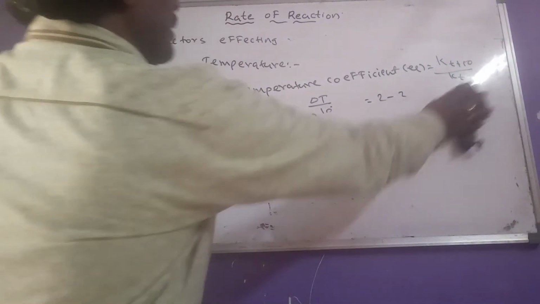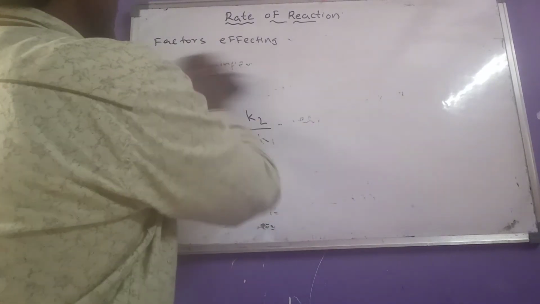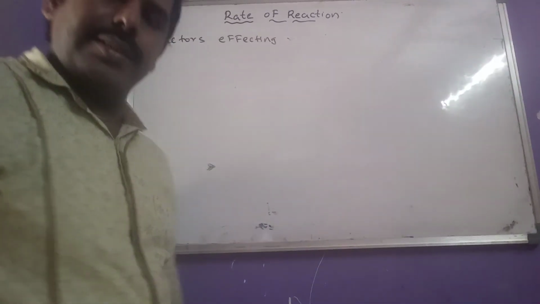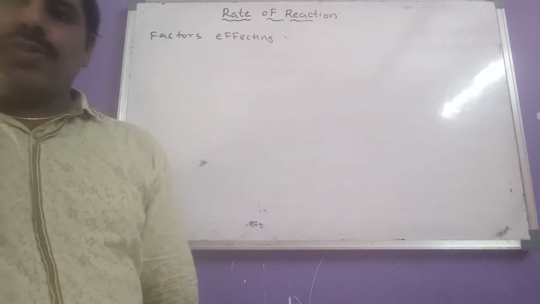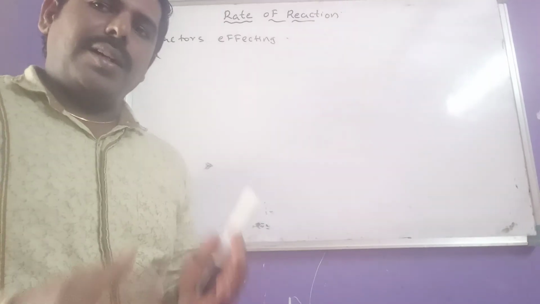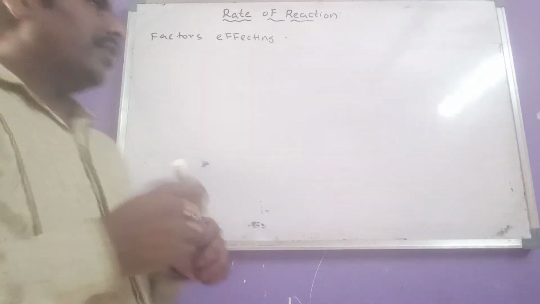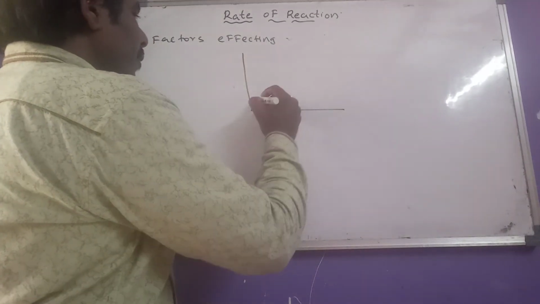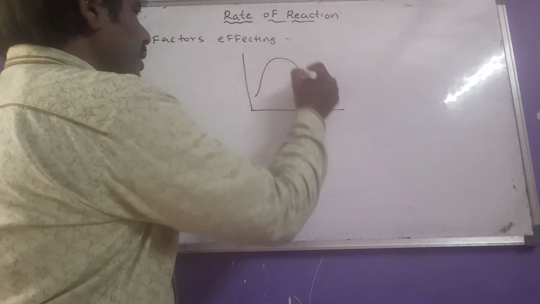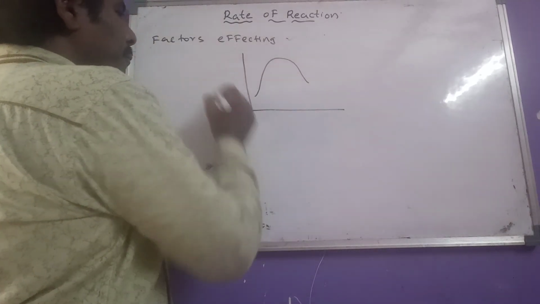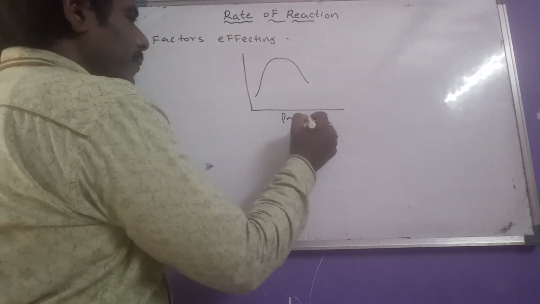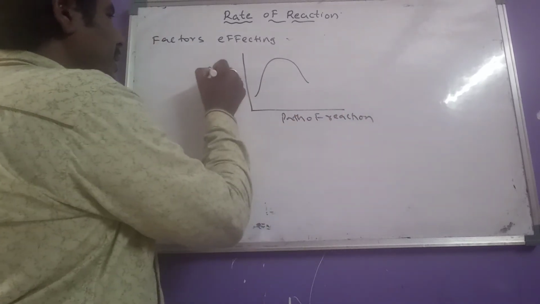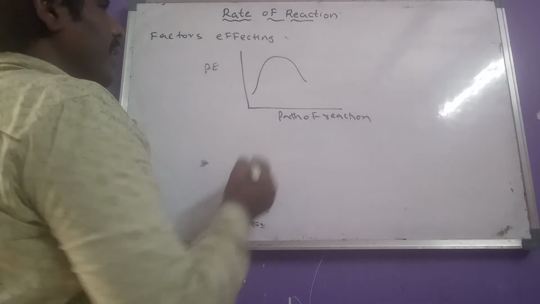Okay, after that another effect, let us see here. Catalyst. Catalyst also causes some change in rate of reaction, but catalysts are two types. For example, if you consider this is the path of reaction, and consider this as potential energy.